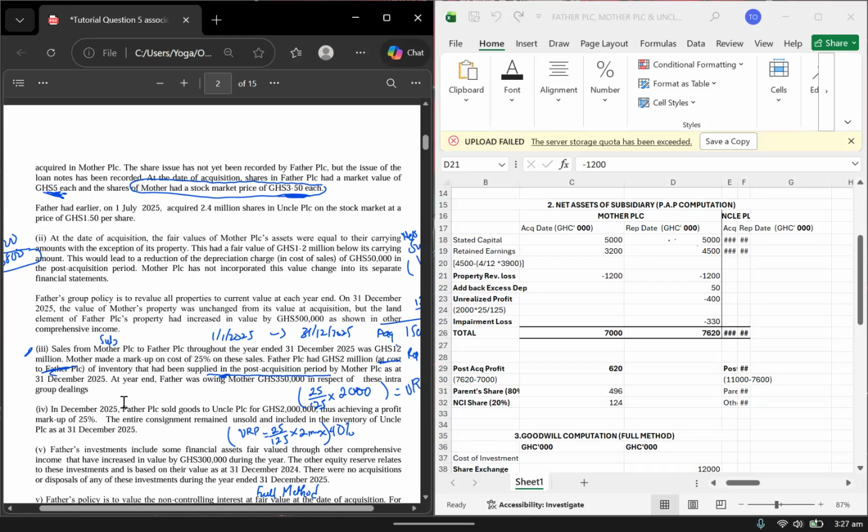Okay. But then Mother made a markup on cost of 25%. If you want to know the profits that was added to the cost before they sold it at 12 million, you have to calculate 25 divided by 125, because to Mother PLC, this 12 million is the sales value, and they've given you markup.